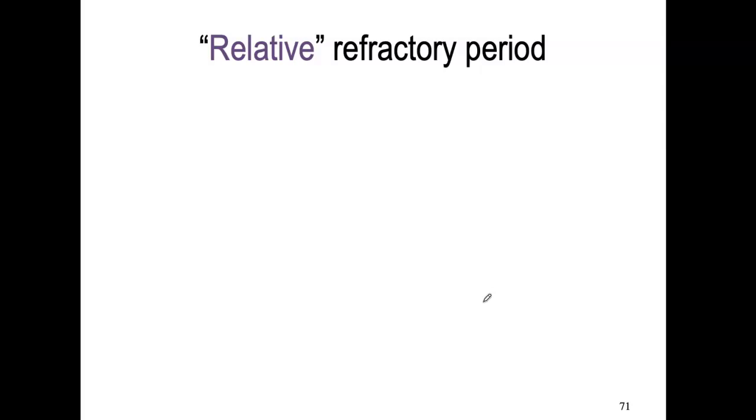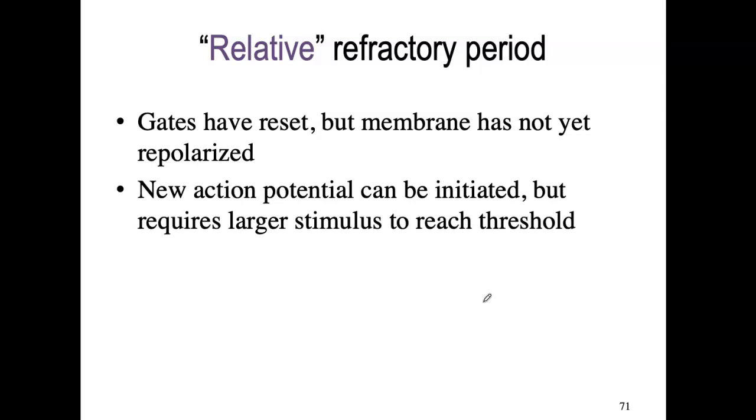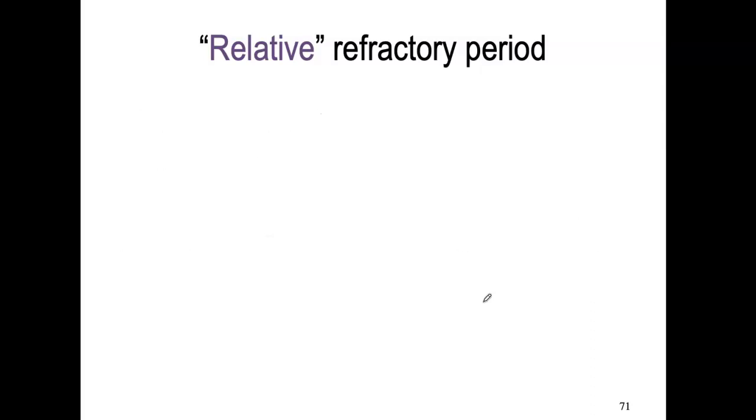So in describing the relative refractory period, I'm telling you the gates have reset, but the membrane has not yet repolarized. A new action potential can be initiated, but it requires a larger stimulus to reach threshold. And the action potentials will have a smaller amplitude. Okay, I'm going to go back again.